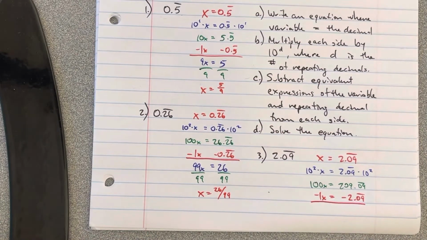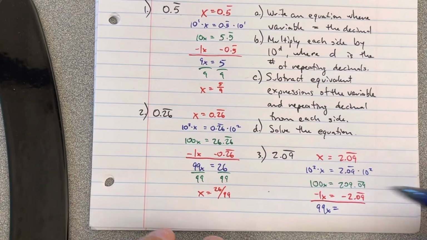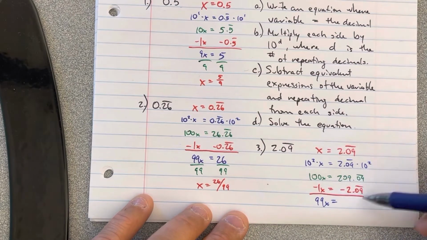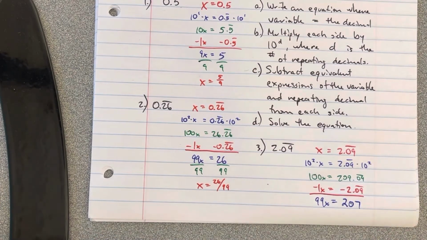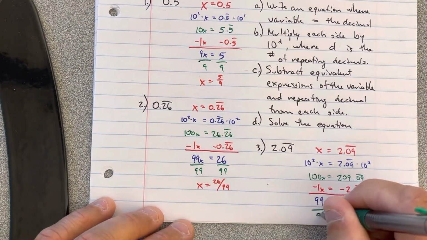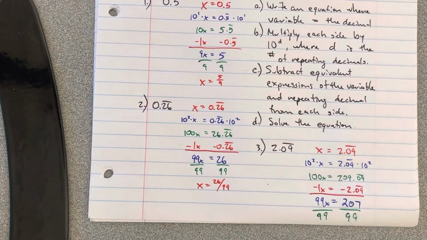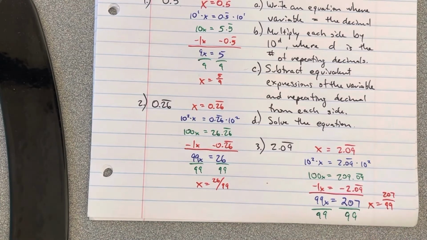So 100 minus 1 is 99x. This side's a little more difficult. The repeating parts cancel out, so they're gone, and 209 minus 2 is 207. Then I solve the equation by dividing by 99 on both sides, so I'm left with x equals 207 over 99.